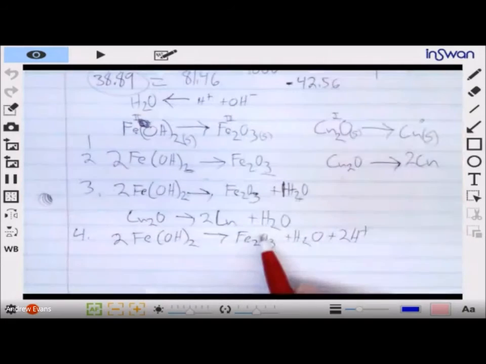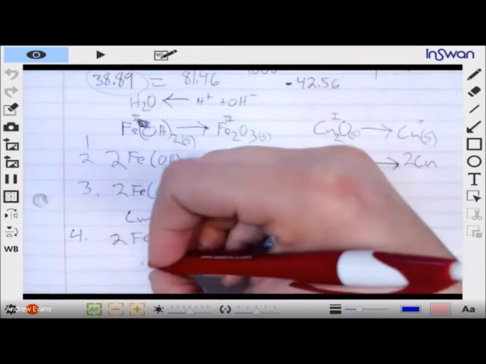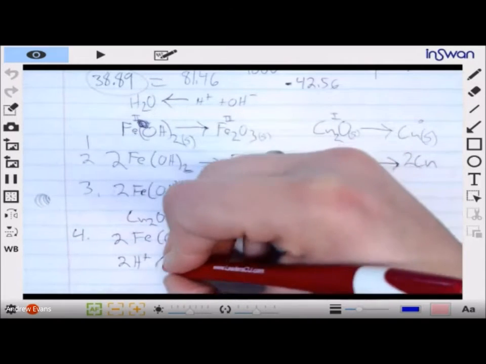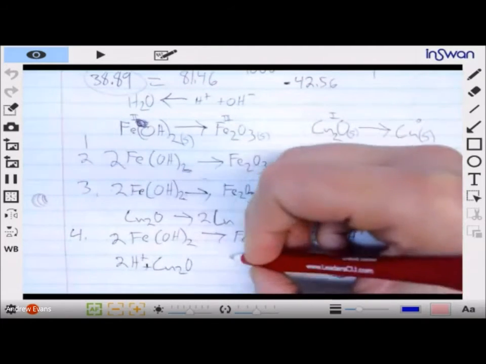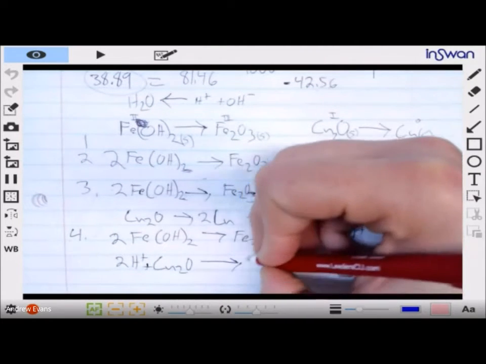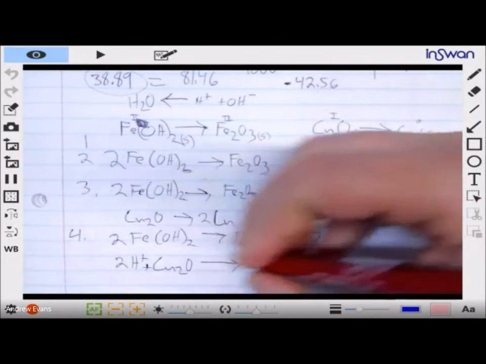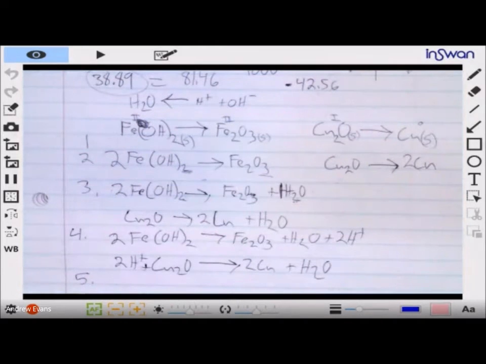This guy, there's 2 hydrogens on the right. There's 0 hydrogens on the left. So I'm going to add 2 protons to the left, sorry, 2 H+ and Cu and water. Now, step 5, we're going to add electrons to make both sides the same charge.